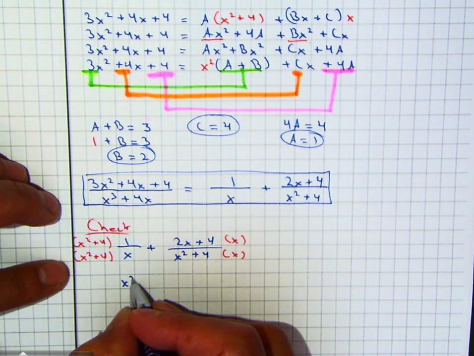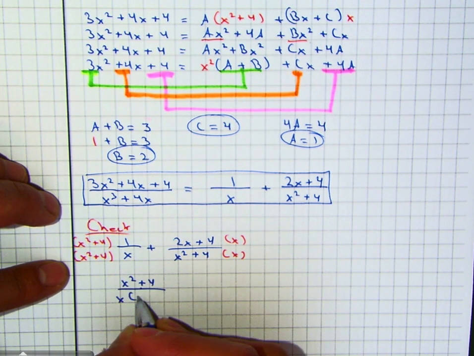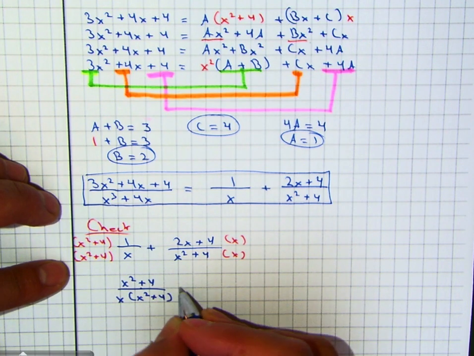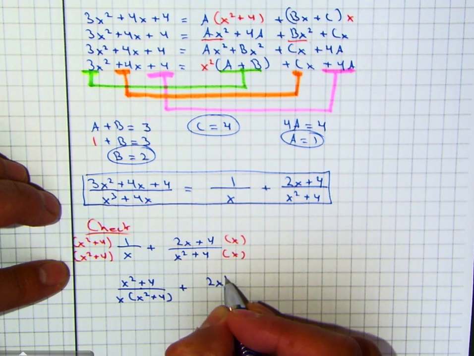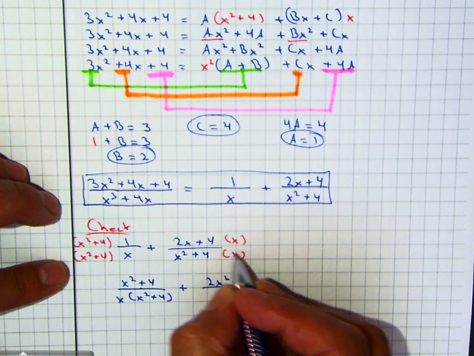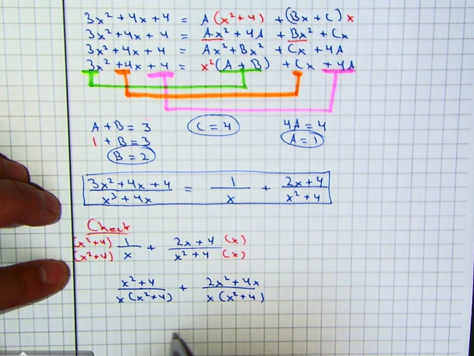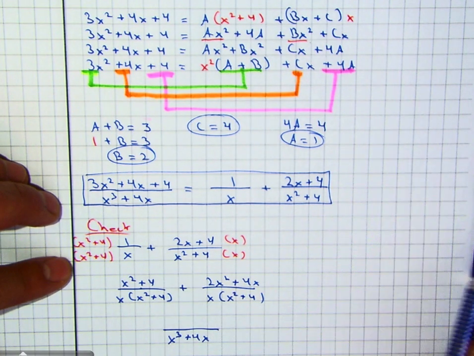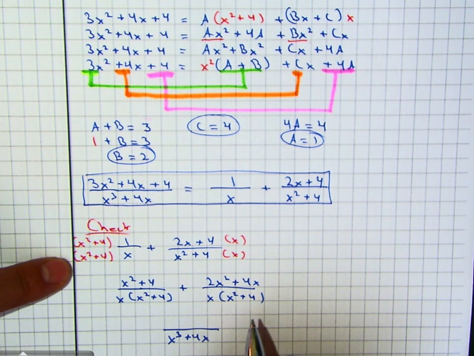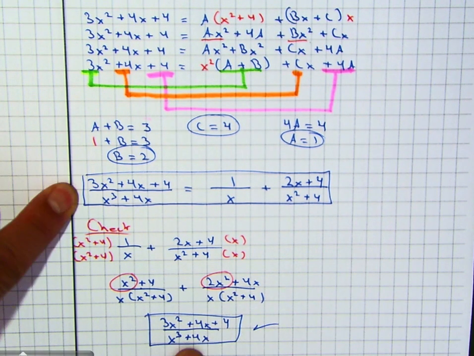That gives me x squared plus 4 over x squared plus 4, plus, multiply this out, it gives me 2x squared plus 4x over x squared plus 4. I can multiply my denominator to be x to the third plus 4x. They're exactly the same. Combine my like terms. We have 3x squared plus 4x and plus 4. So therefore, it matches.